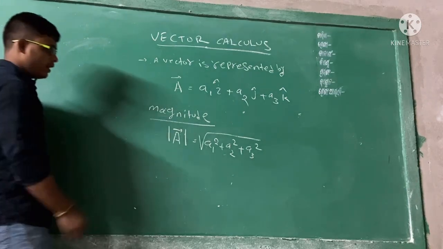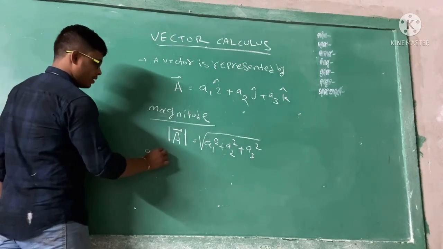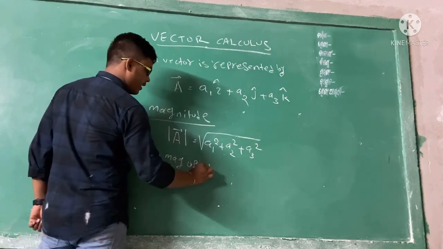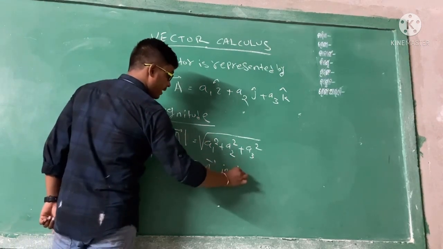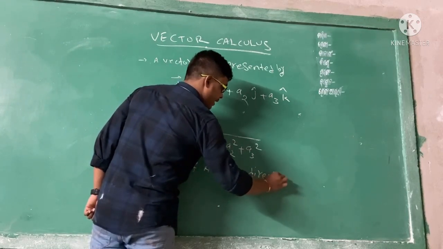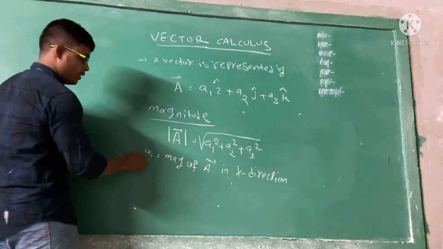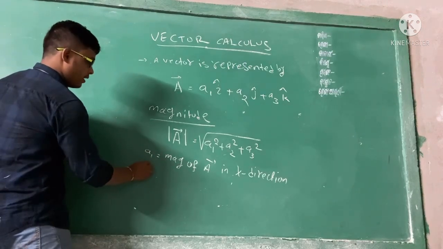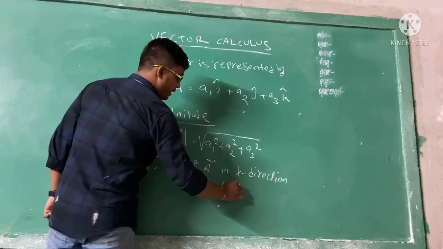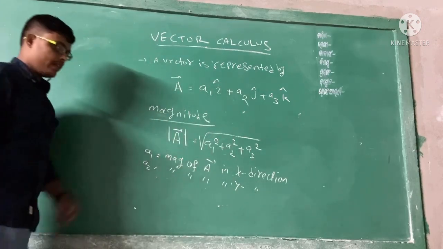What is the magnitude of a vector? But what are a1, a2, a3? That is also important. So a1 is the magnitude of vector capital A in the x direction. Then what is a2? The magnitude of vector capital A in the y direction.